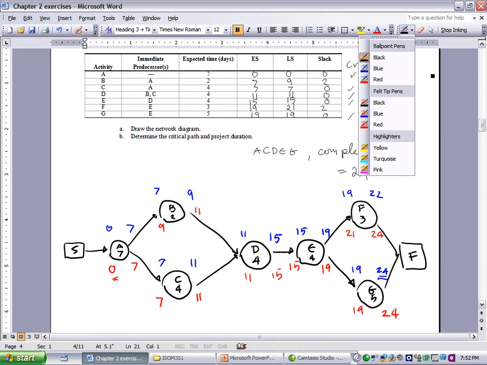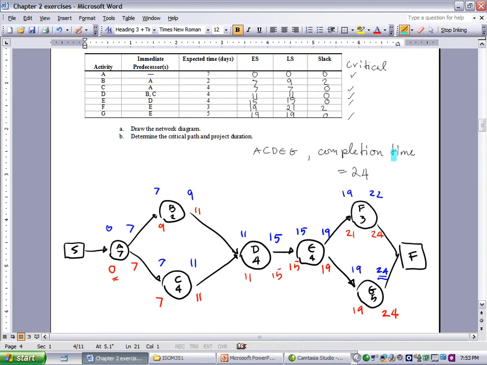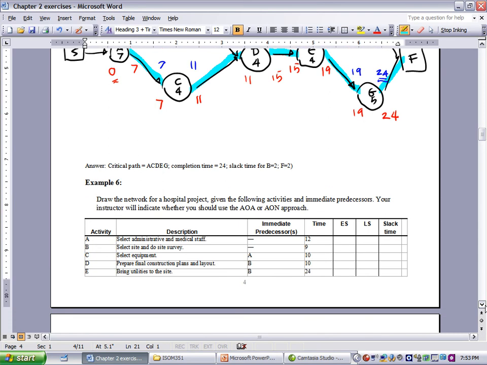Of course, we will also highlight the critical path. Okay, so that answers question number 5.